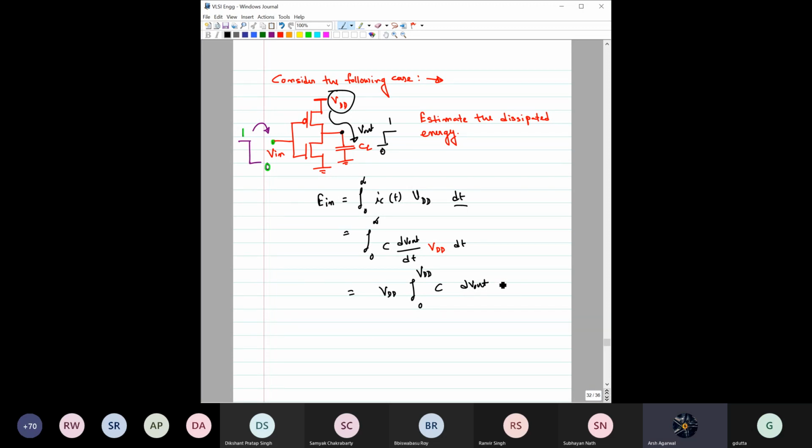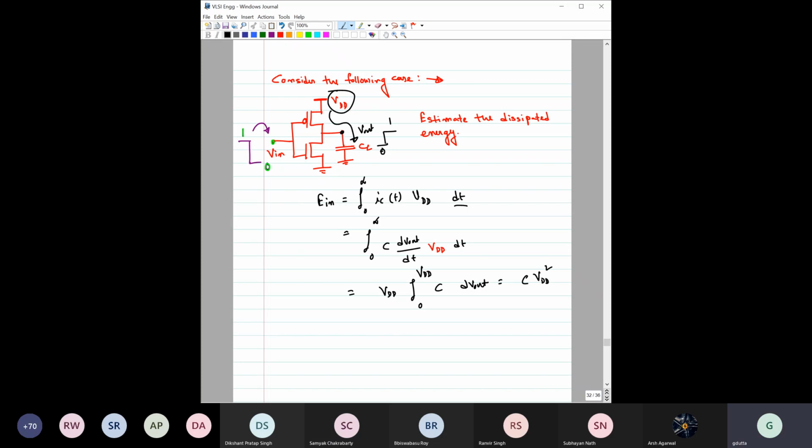I mean, the energy dissipated would be the voltage into current integration, right? So the voltage across the capacitor is varying. Why did we use VDD directly? Yes, because we are calculating the power loss at the source, so the source voltage and the current from the source.